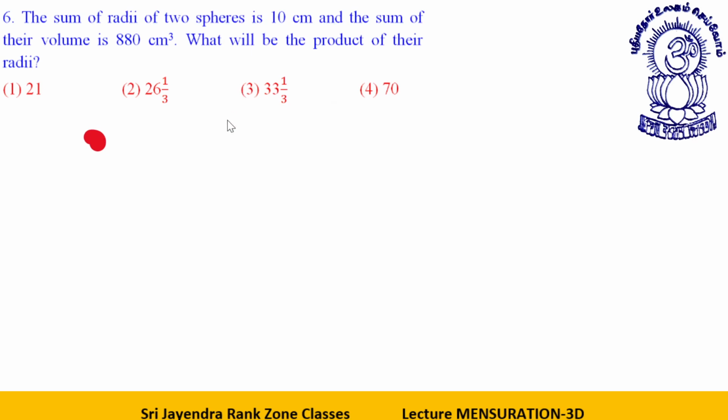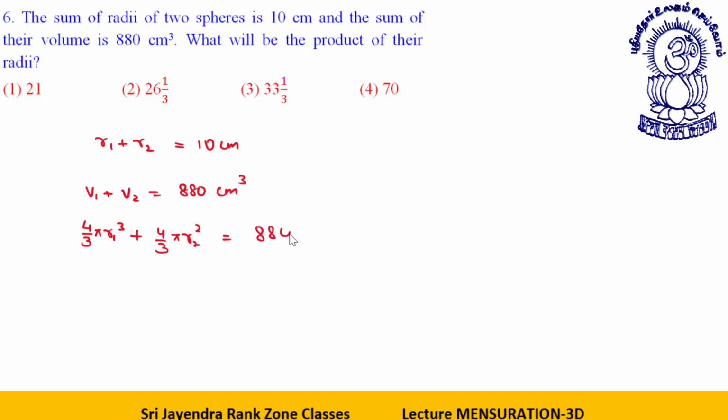The sum of their volumes is 880, V1 plus V2 is 880 centimeter cube. What is V1, dear students? V1 will be 4 by 3 pi r1 cube, V2 will be 4 by 3 pi r2 cube, and the sum is equal to 880.